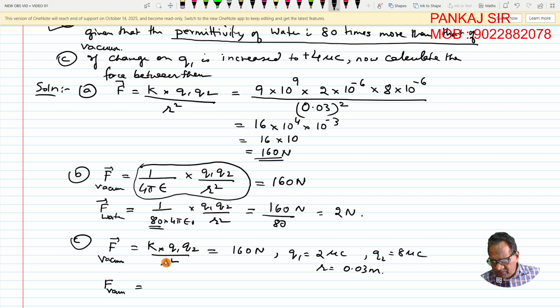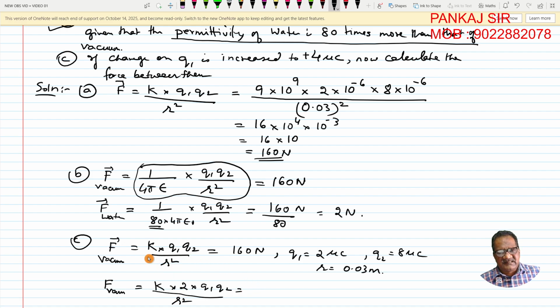So the new scenario is your Q1 has been increased to 4. So your K will remain the same. Only this Q1 will become 4 instead of 2. Other things are going to remain the same.